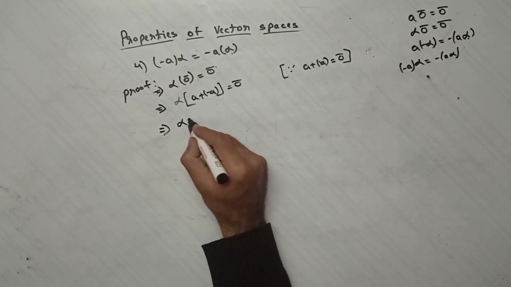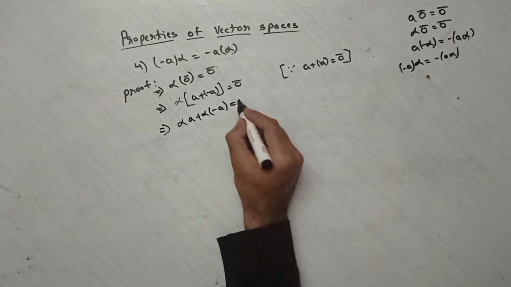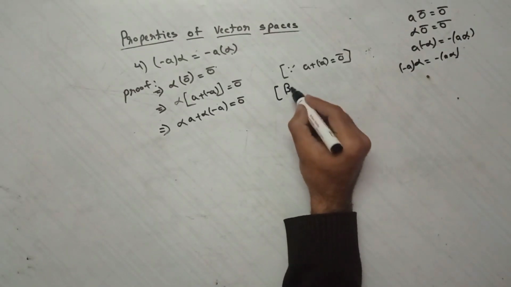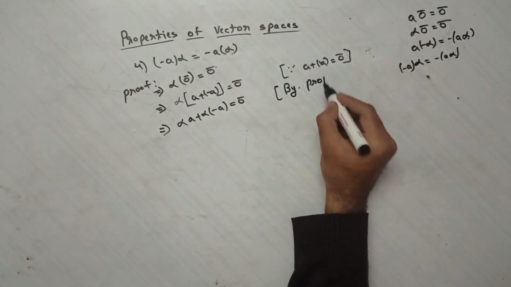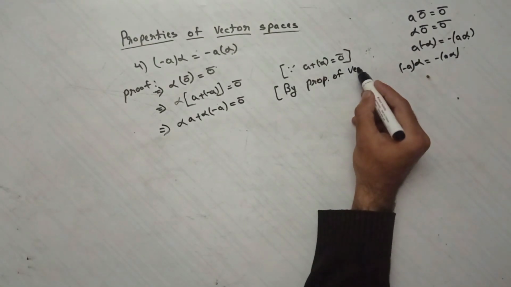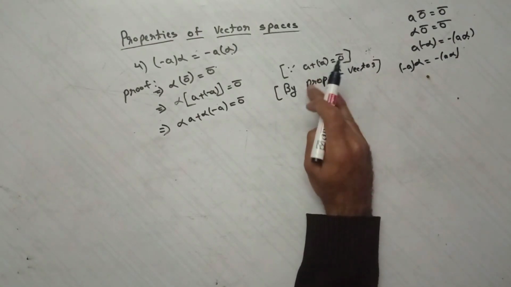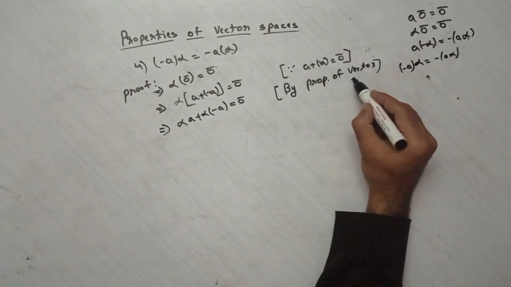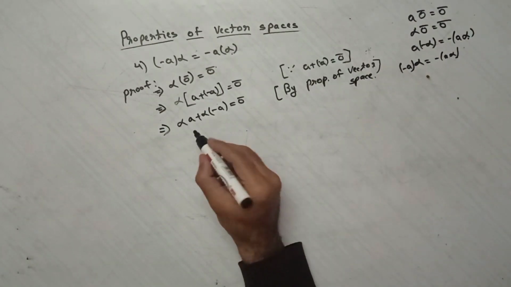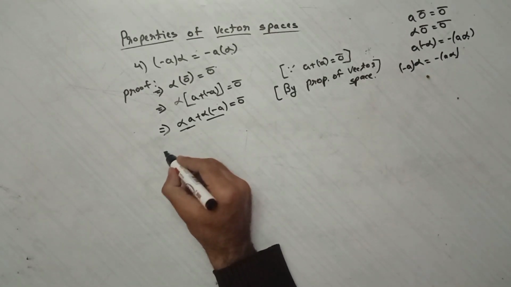Now by the properties of vector space we can multiply inside, and then we get alpha minus of a equals 0 vector. By the properties of vector space, and as the above proof shows, these whole values are opposite to each other, the inverse of each other.